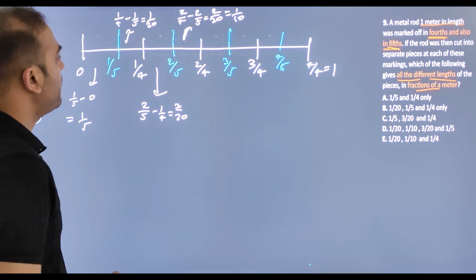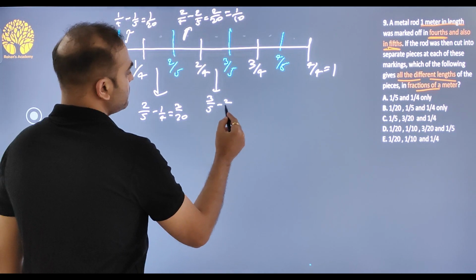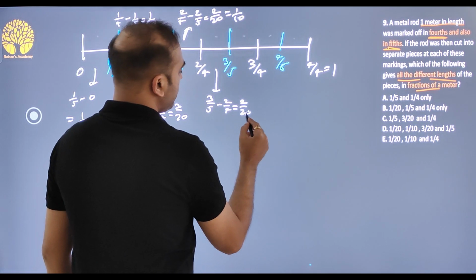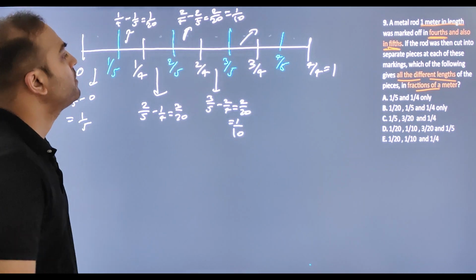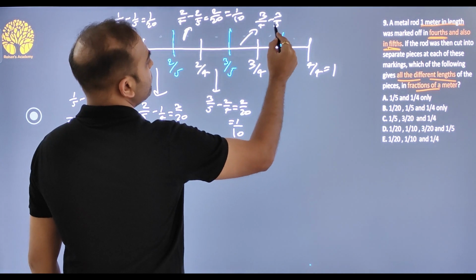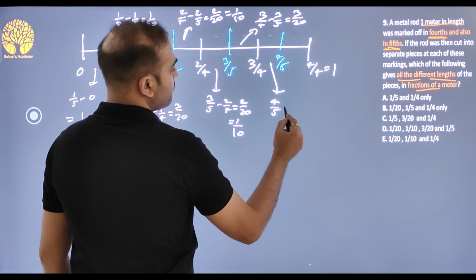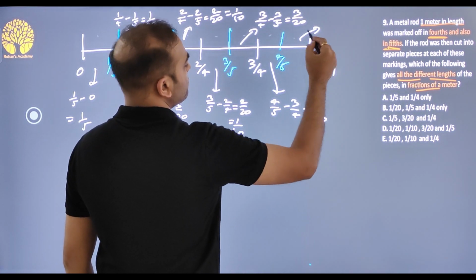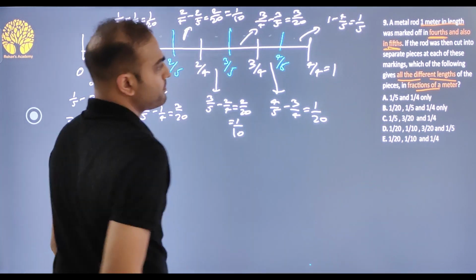Then 3/5 minus 2/4, that's 2/20, 1/10. Then 3/4 minus 3/5, that's 3/20. 4/5 minus 3/4, 1/20, and 1 minus 4/5, which is 1/5.